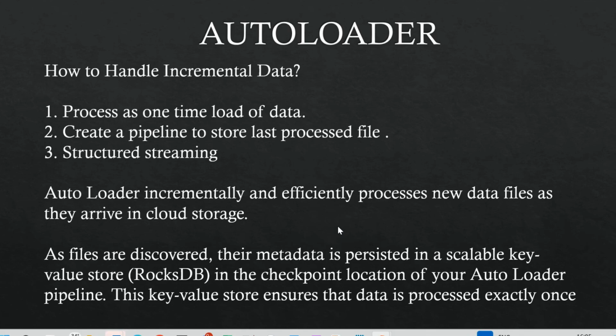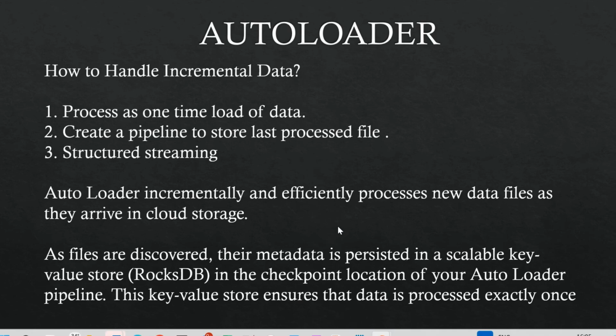There are basically three ways in which you can handle incremental data in your legacy system or streaming system. First is normal batch processing. You are processing all the data that is arriving in one go, like a one-time load every time the data arrives.